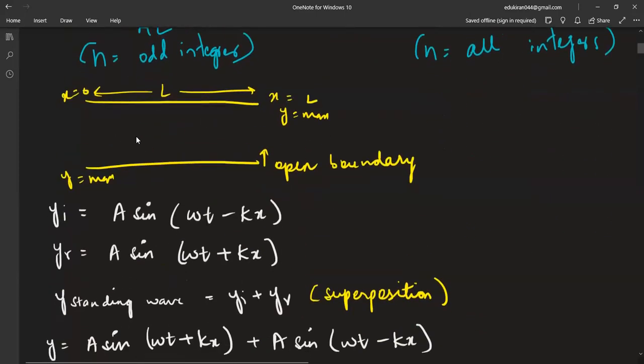Now see, if it is open from both the ends, this is the initial equation, that is the incident one: y_i = A sin(omega t minus kx). And y_r = A sin(omega t plus kx) is the reflected one.